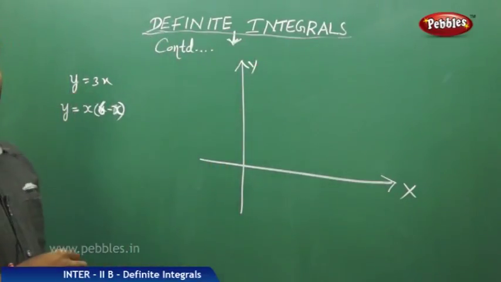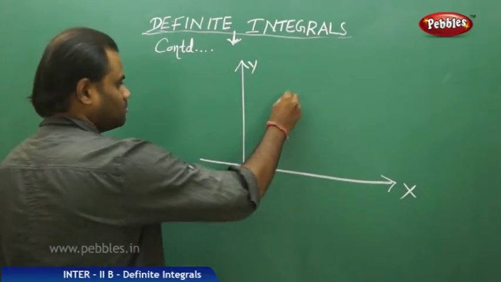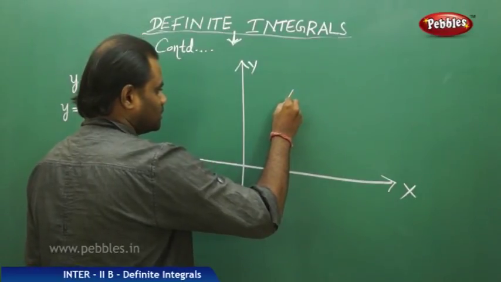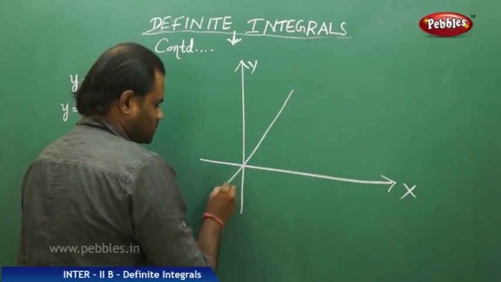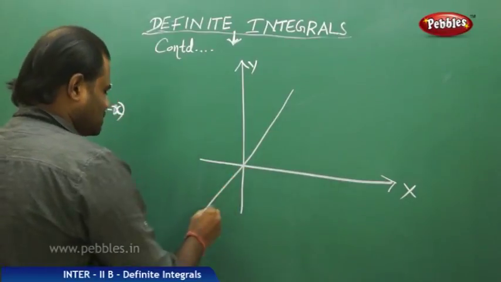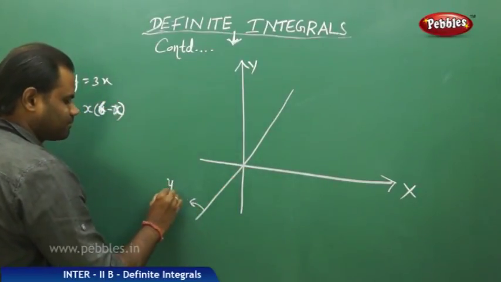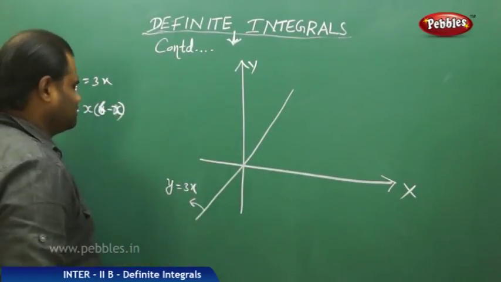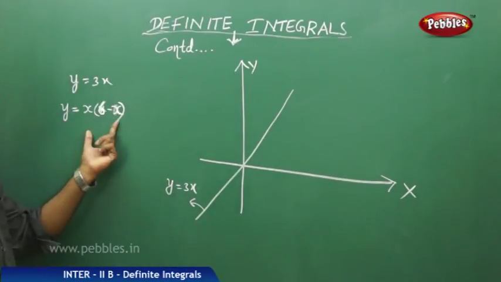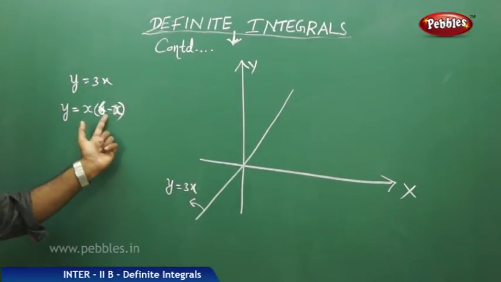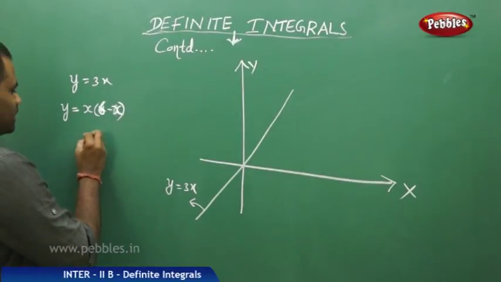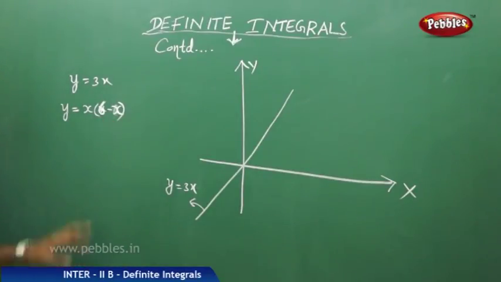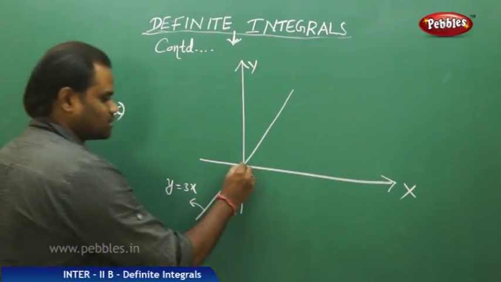Clearly, y equal to 3x is a line passing through the origin, is how it looks. So this is the curve y equals 3x, and y equals the quadratic, which is x into 6 minus x, implies its x-intercepts are obtained when I take y equal to 0. So this graph cuts the x-axis at 0 and 6.